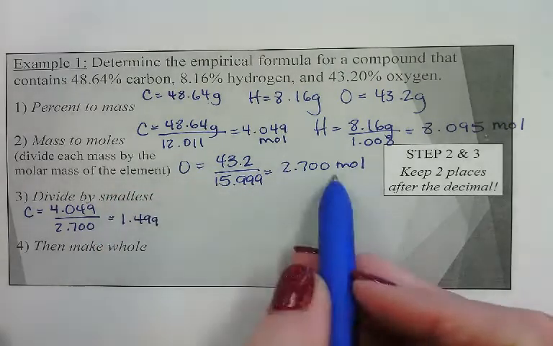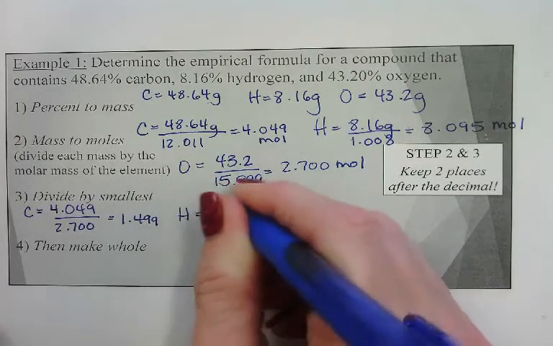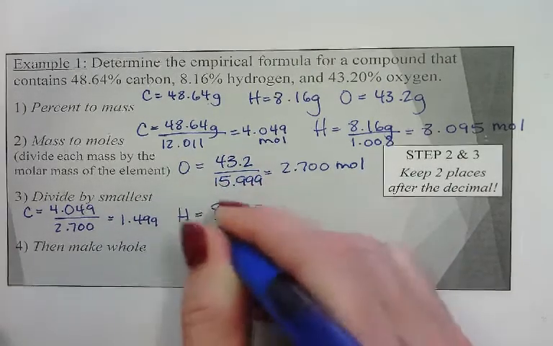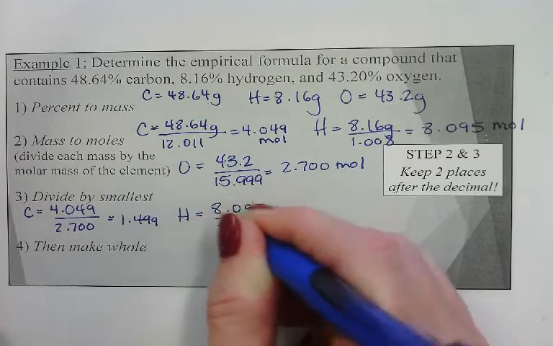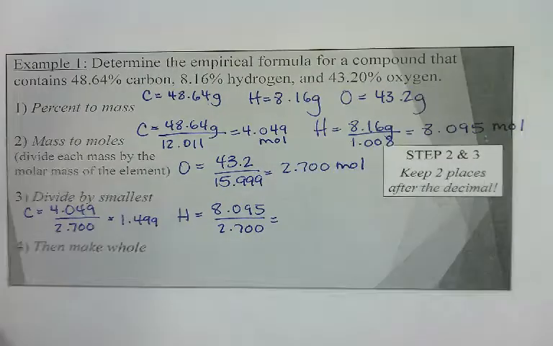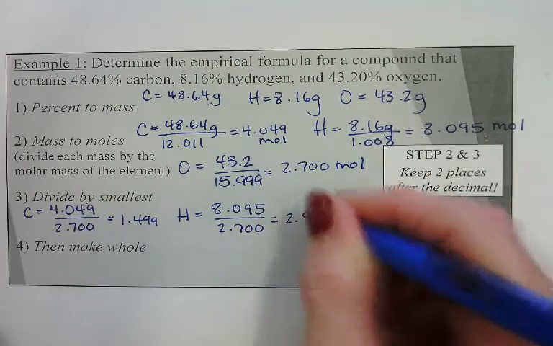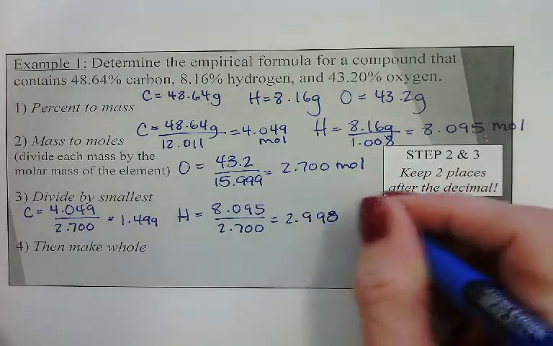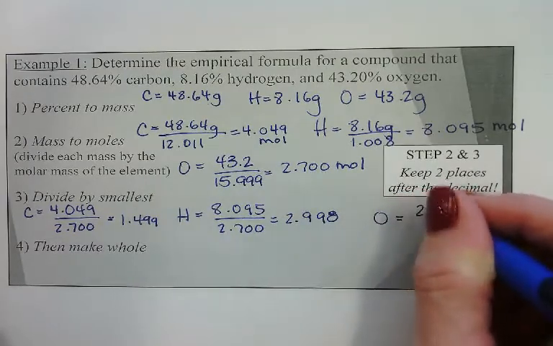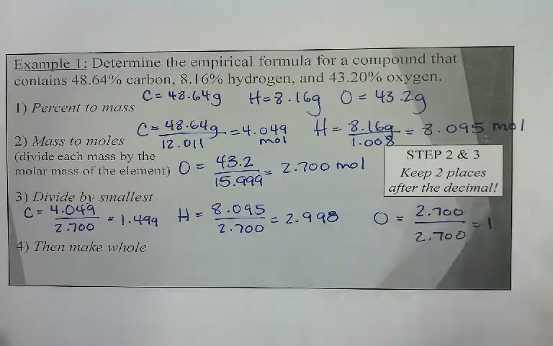Okay, I'm going to do the same thing with hydrogen. 8.095 divided by the smallest, which is 2.700. .998. Okay, last one. Oxygen, 2.700 divided by 2.700 gives me 1.